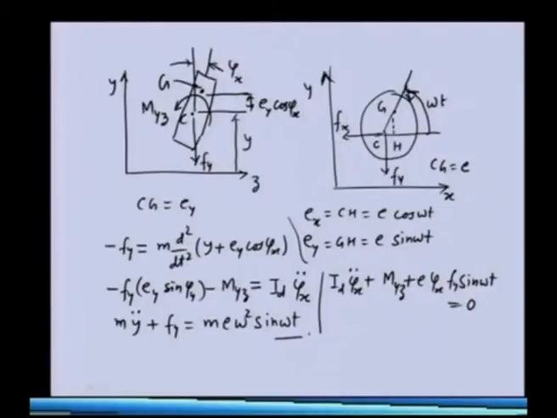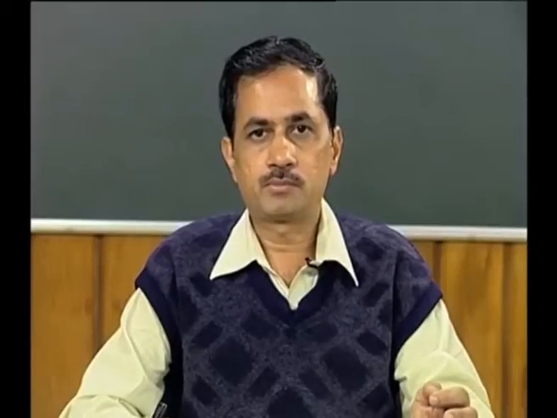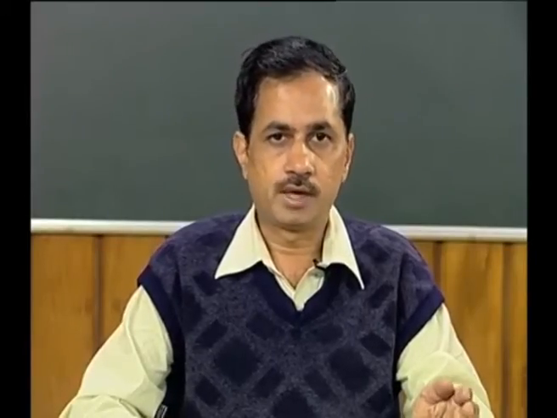So, this is one equation of motion in the y direction, and this is the other equation of motion in the phi x direction. We obtain the equation of motion in the yz plane.